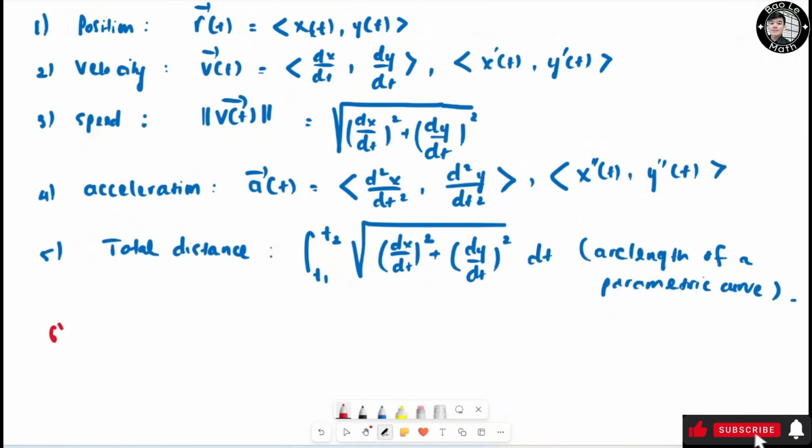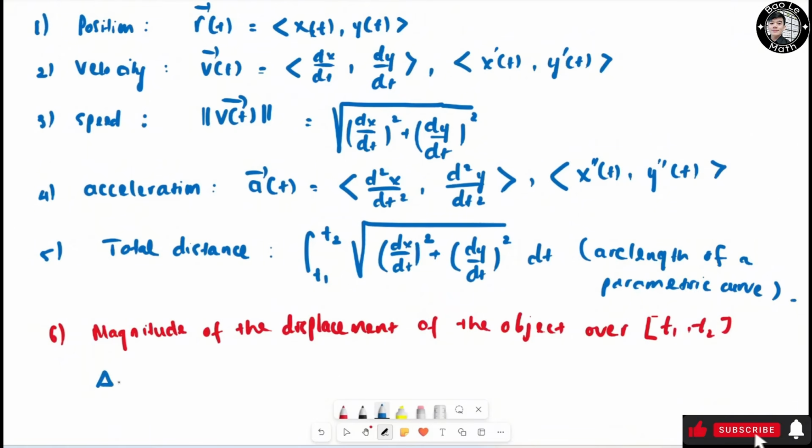Now, number 6, we're going to talk about the magnitude of the displacement of the object over the time interval t1 to t2. We need to calculate delta f equals the integral from t1 to t2 of ds over dt times dt, right?